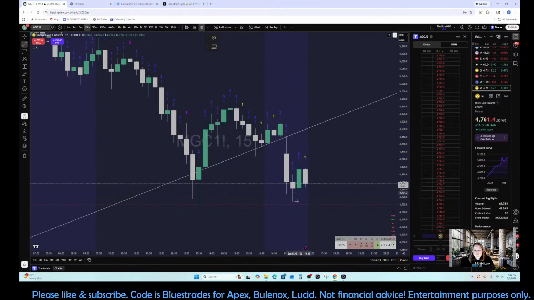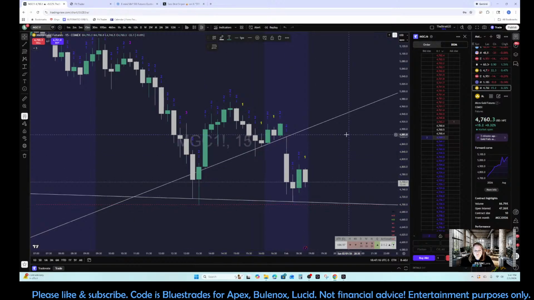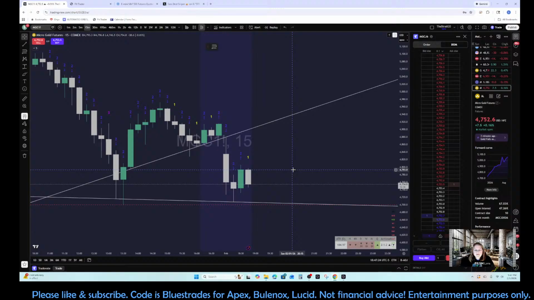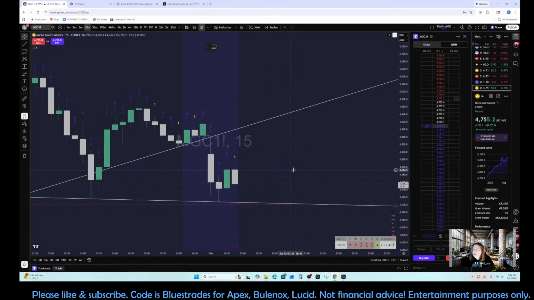I like to mostly do them on whatever time frame I'm trading, but you can see we're stuck. We'll just ping pong in this broadening formation until we get out of it. But again, this is the beauty of the strat, because you can trade anything you want. If you learn the strat, somebody can throw a chart at you that you've never seen before, and you'll be able to analyze it and trade it.